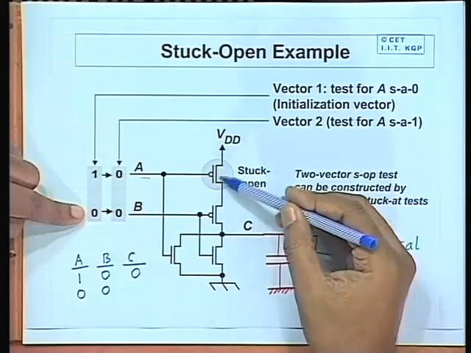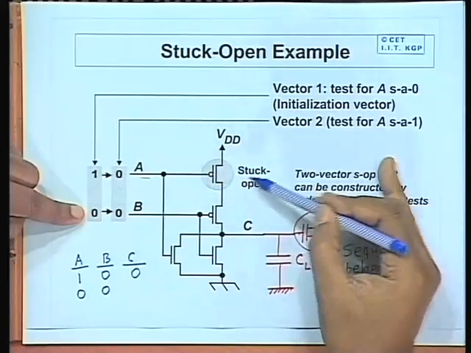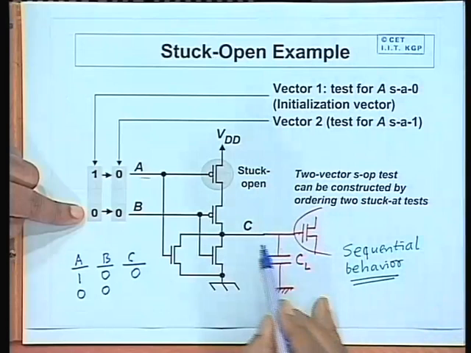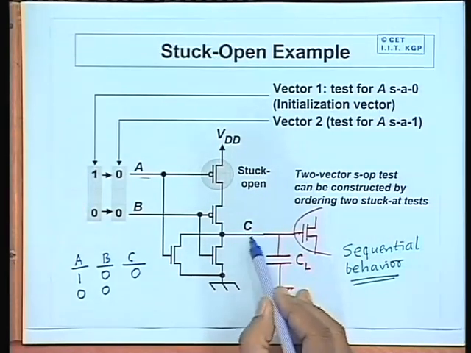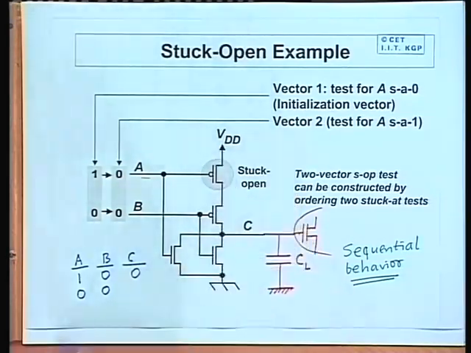Both the pull ups were supposed to conduct, but since this transistor has a stuck open fault, this is open. So now this output line C is like floating. It does not have a connection to ground, nor does it have a connection to VDD, so current cannot flow.